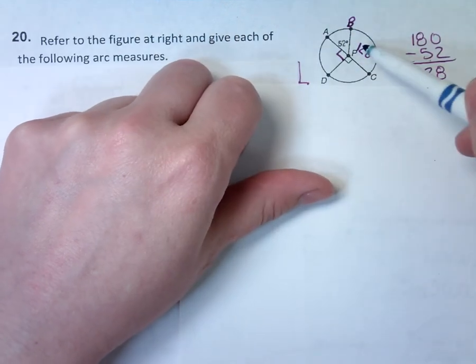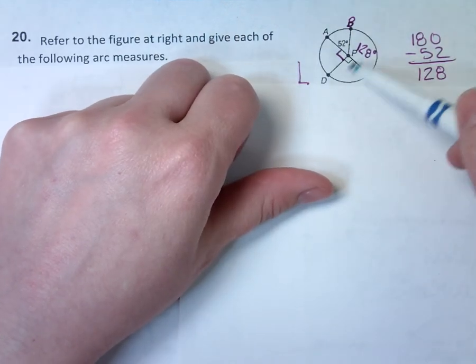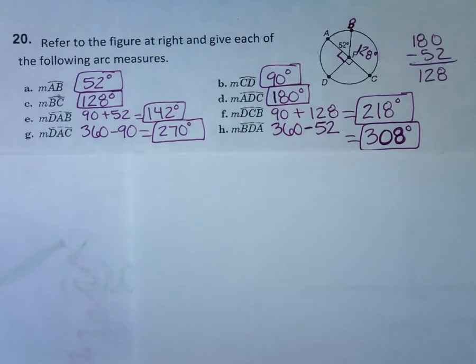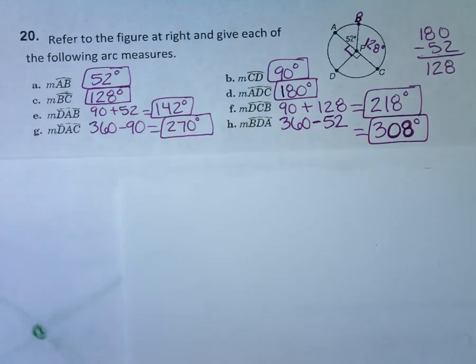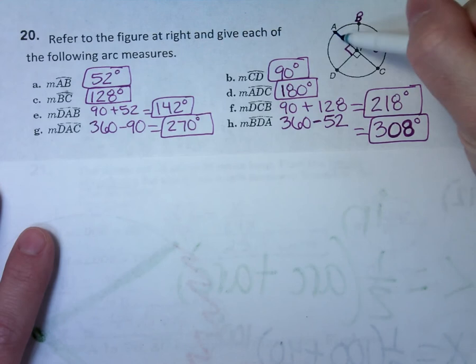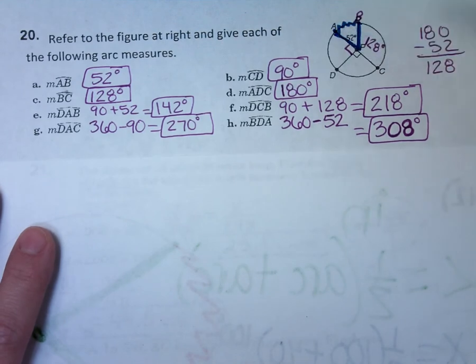So now that I know all my angles inside the circle, all my central angles, then I can find all the measures of the arcs. So I'm going to just display them, because like I said, this is pretty easy for most of you. Remember, as long as we have a central angle, whatever that central angle is, that's what the arc is. So arc AB is 52.